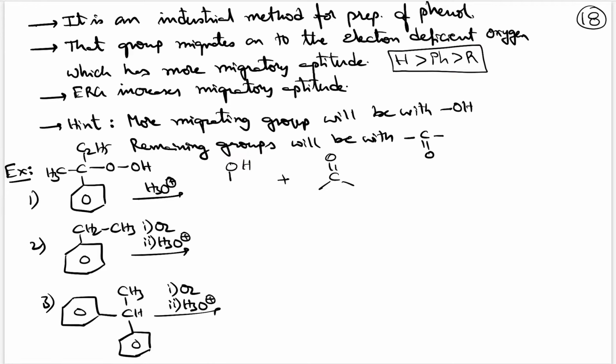Whichever is the better migrating group, that will be along with the OH group. So here phenyl has better migrating aptitude, therefore you will get phenol, and the remaining alkyl groups will be along with the C double bond O group. So that is C2H5 and CH3. In a similar manner, you have to do the other reactions also. Okay.